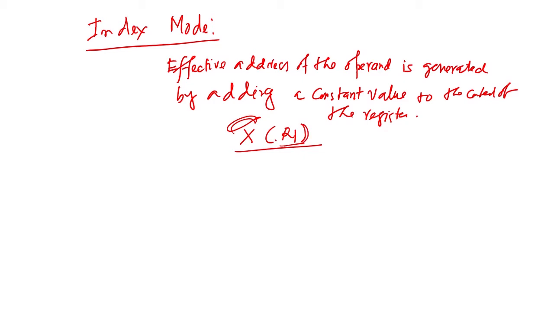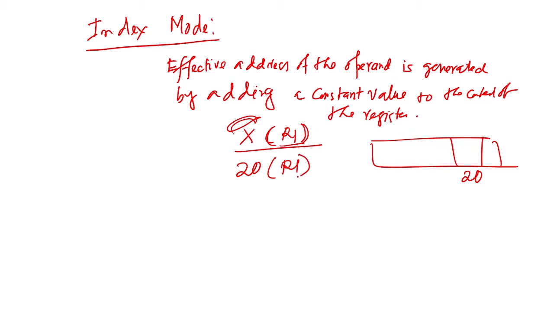R1 within brackets means R1 is holding a memory location, and with that you add it. Suppose you want to access an array, say the 20th location. What do you do? You add 20 to R1 and you store into location R2.